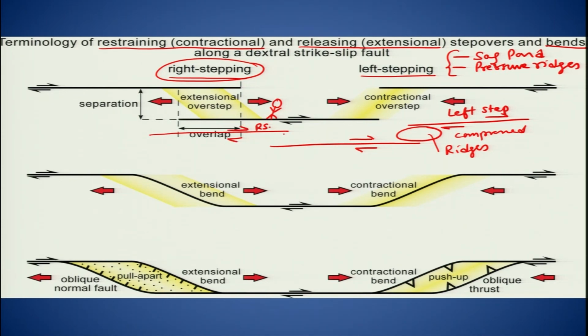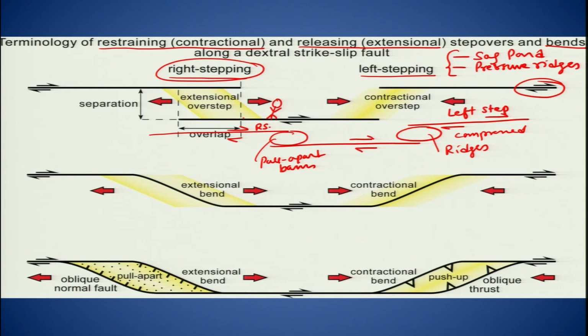Then in the overlap portion you will have the landform which will be formed, your pull apart basin. And the same has been explained here. You have the overlapping zone where the step over is taking place. You will have different forms of deformation and different landforms associated with the same type of movement. So this step over will result in different patterns of deformation.